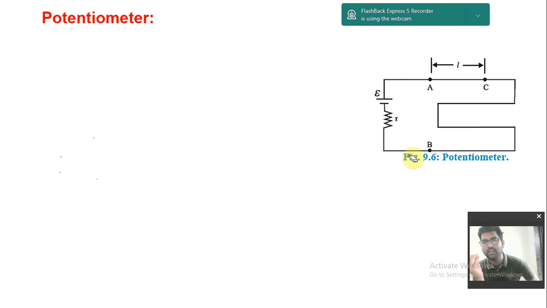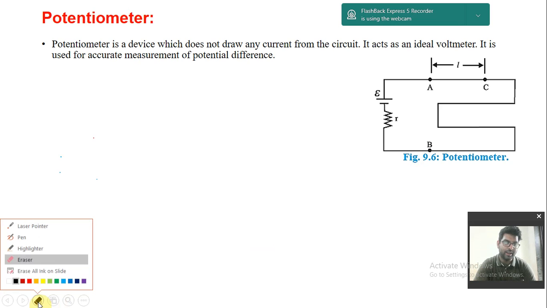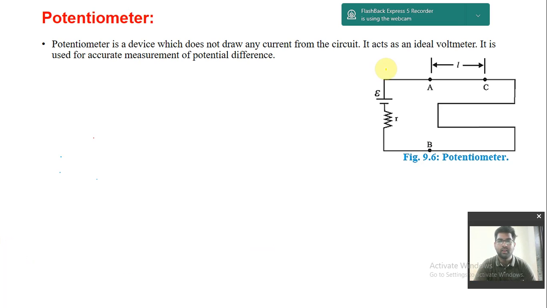So what is it measuring? It is measuring the potential difference or the voltage or the EMF. So it is called potentiometer. Now we will see how it is working. Potentiometer is a device which does not draw any current from the circuit. It acts as an ideal voltmeter. See, it does not draw any current from the circuit, and hence it acts as an ideal voltmeter.